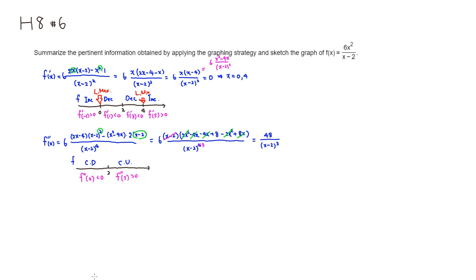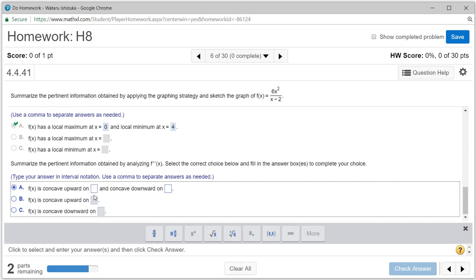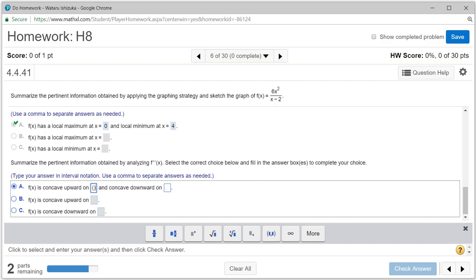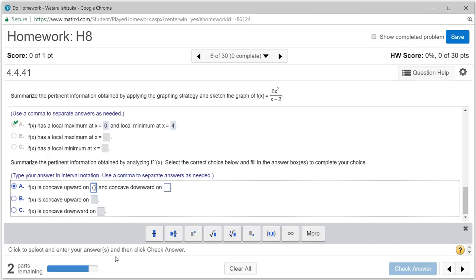All right, so let's type that in. Concave upward after 2. Was it after 2? Sorry. Yep, concave upward after 2, so it's going to be 2 to positive infinity. And concave downward from negative infinity to 2.